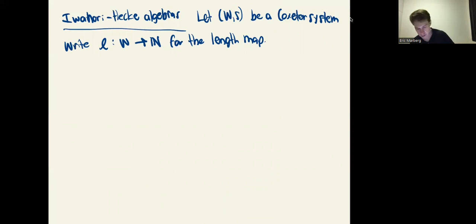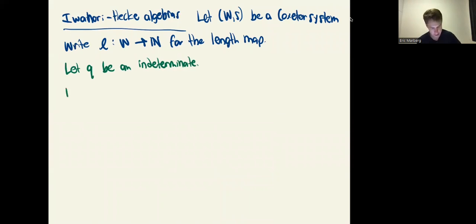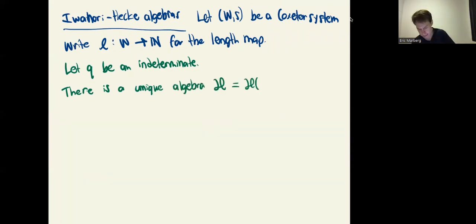And then also let Q be an indeterminate. Then there is a unique algebra, which I'll write as H, that depends on W and S. And I'm going to define this over this ring of Laurent polynomials in Q, and we'll just use complex numbers. The rational numbers will also serve just as well.